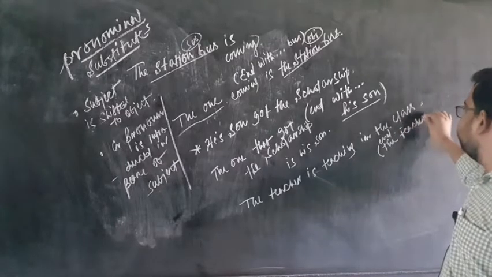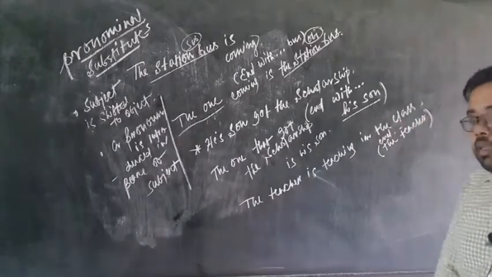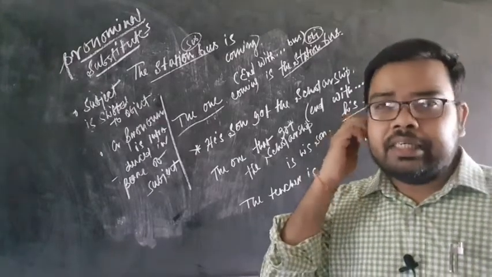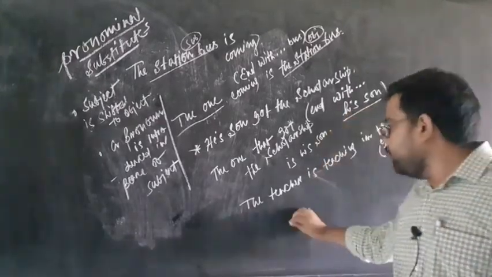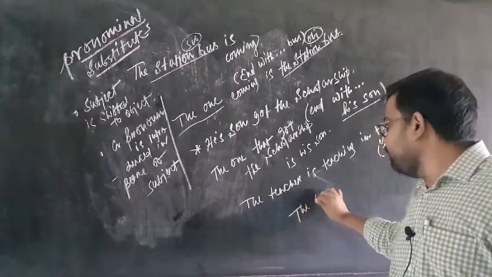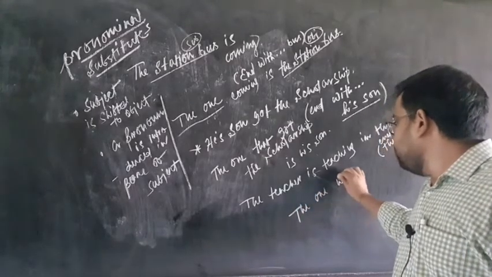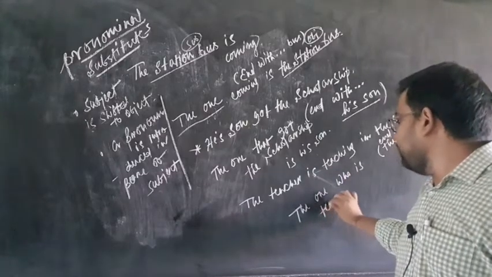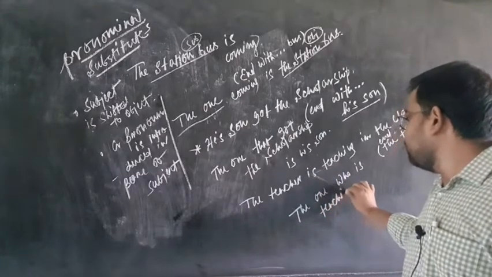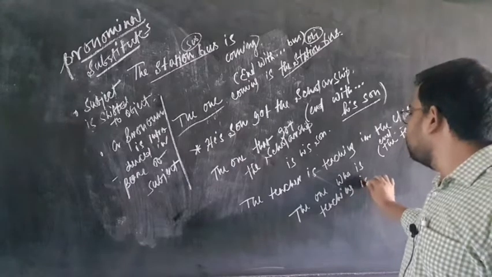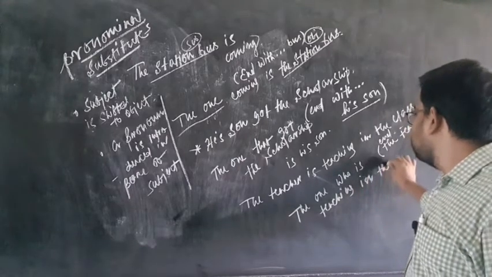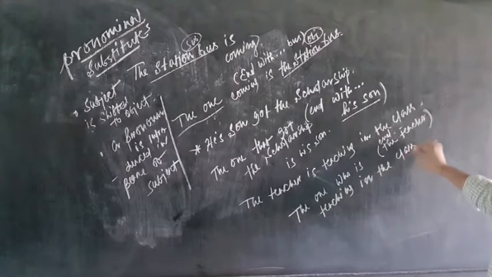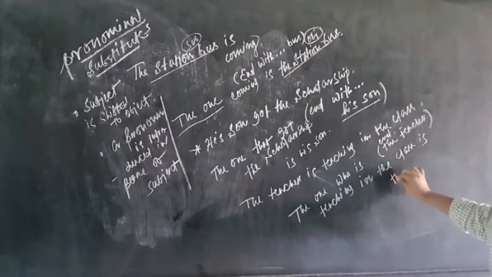So the answer is very simple. The one who is teaching in the class is the teacher. So every time we start with the one who is teaching in the class is the teacher.